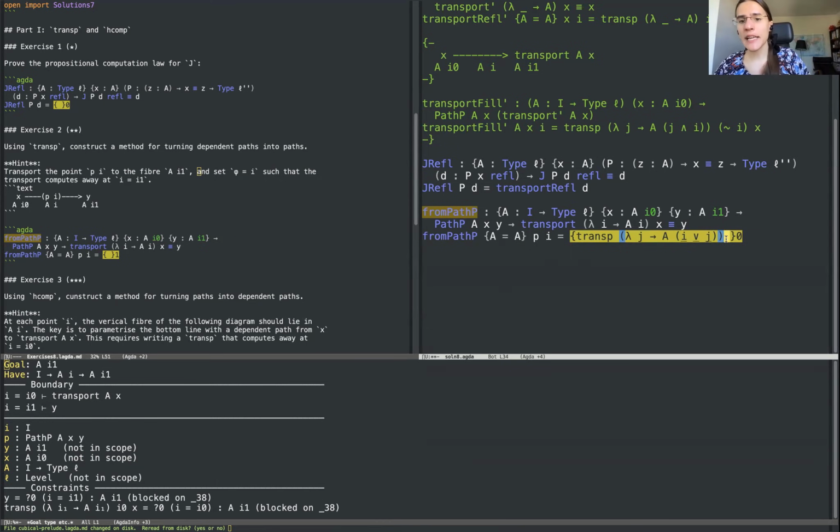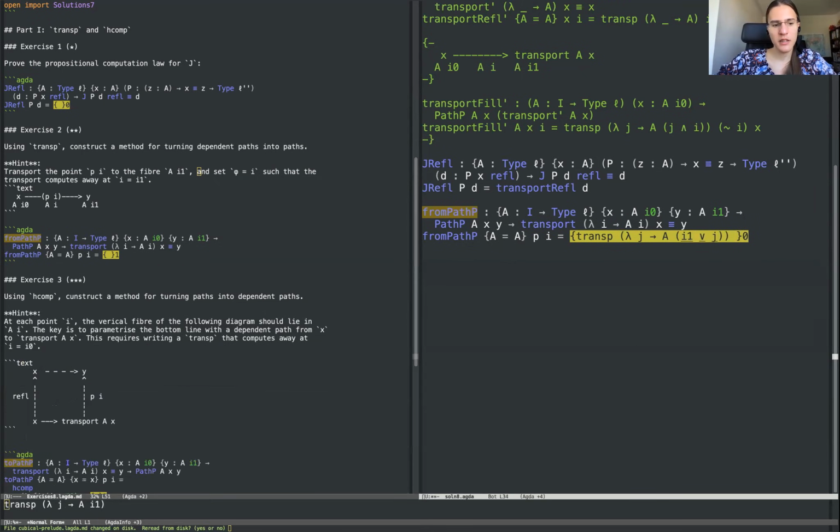Well, when I is equal to I1, then I want this transport to just compute away to Y. So when I is I1, good things should happen. And if I put I1 here, then you can see that it's a constant transport.